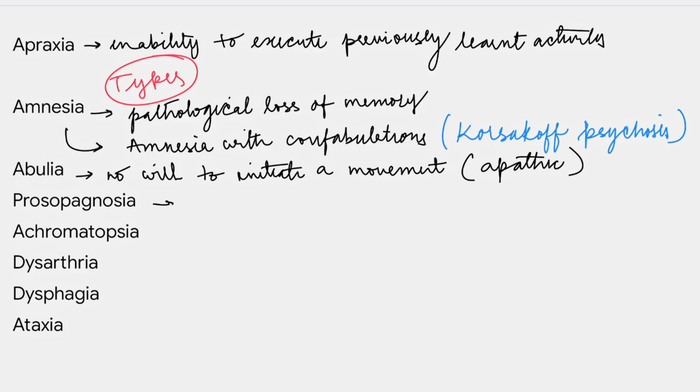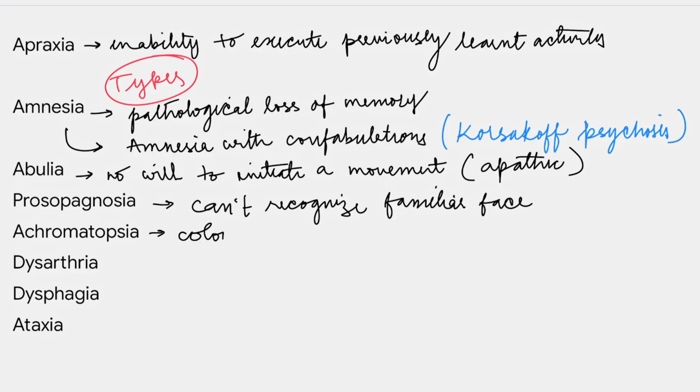Prosopagnosia is quite sad actually. The patient can't recognize familiar faces. This is seen in a lesion to the visual association area. So the patient can describe the face in excruciating detail, but he just can't identify it. Even if this is the patient's wife of 50 years, he just can't recognize who that is, and that is very sad. Achromatopsia is colorblindness.